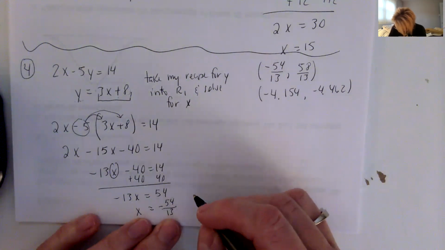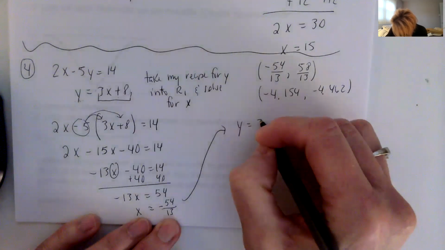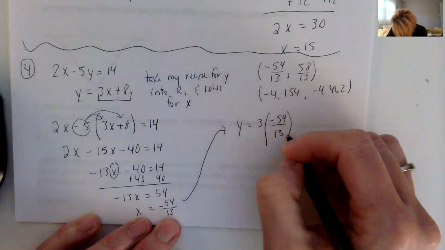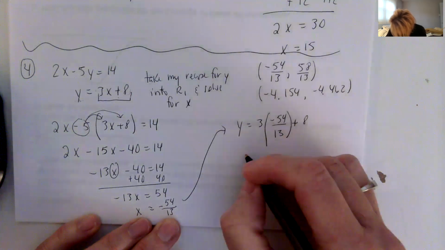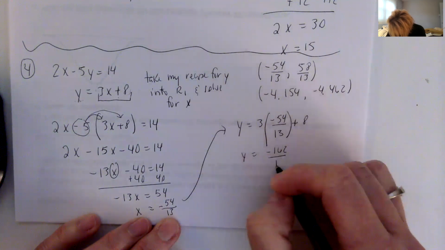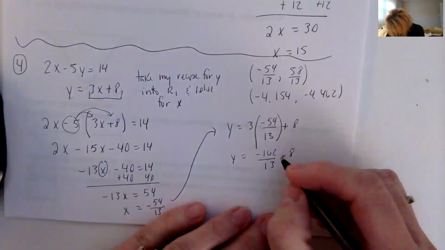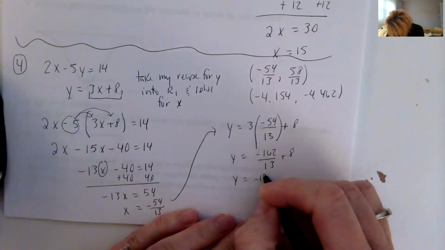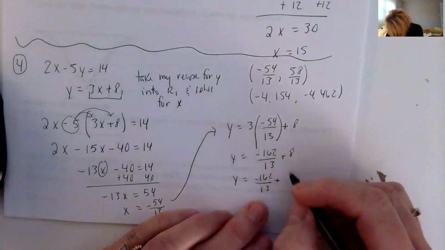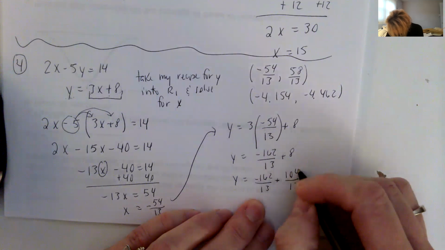Okay, so I'm going to put that to solve for y. So y equals 3 times whatever x is, which is a -54 over 13 plus 8. So that becomes a -162 over 13 plus 8. And 8 over 1 with a common denominator of 13 is 104.